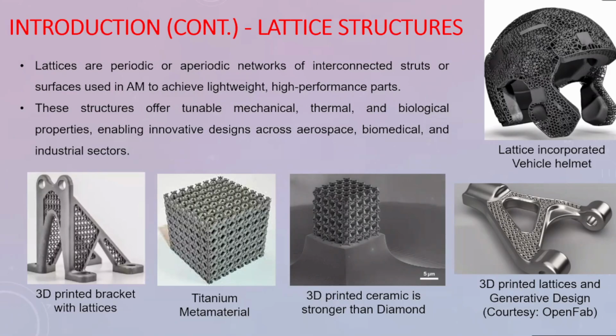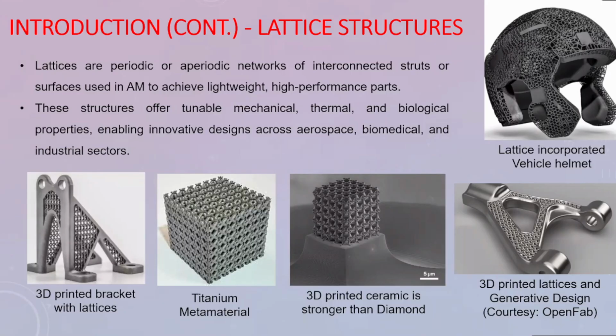Yeah, thank you. So here, these lattice structures are applicable in mechanical, thermal, biomedical, and various domains. And you can see this is 3D printed. All the lattice structures are printed with metal additive manufacturing, because the metal additive manufacturing powder cost is very high.